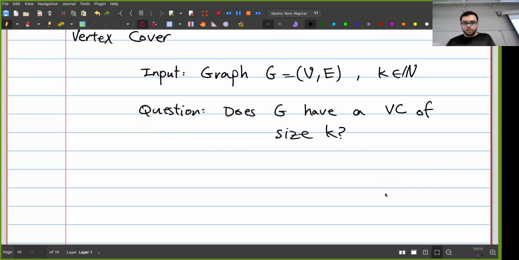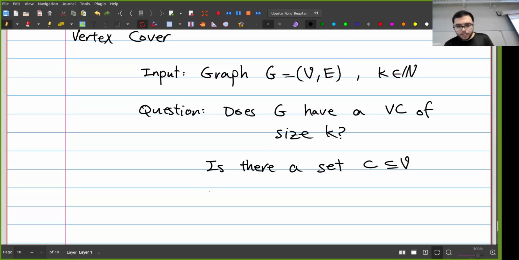The other way of asking this is: are there k vertices, or let me give it a name, is there a set, let's say C, a subset of V, such that there are k vertices in C and every edge has one of its endpoints in C, maybe both, but at least one.